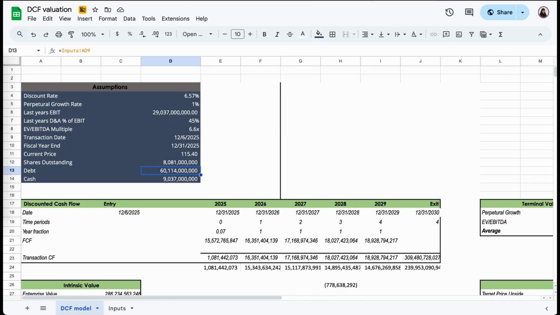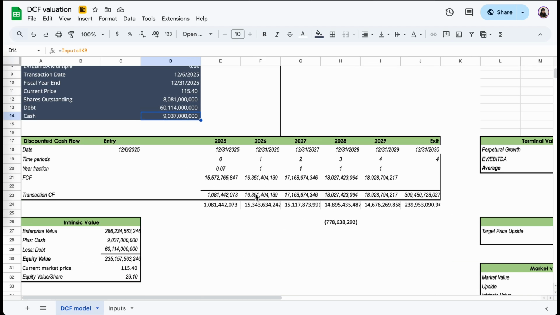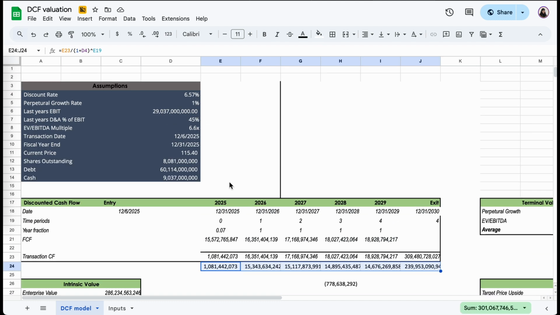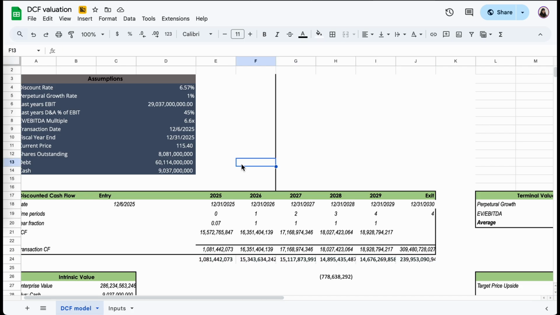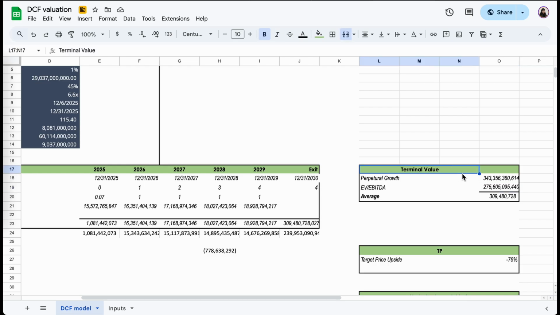Debt, you extract the total debt from the balance sheet, cash again from the balance sheet, and then the app calculates the free cash flow, discounts it by the weighted average cost of capital. As you can see here, the cost of capital is 6.57, and it calculates the company's terminal value. It is using this formula. I also have all the formulas for calculating the terminal value. You can use this Excel spreadsheet to see how the terminal value is calculated.